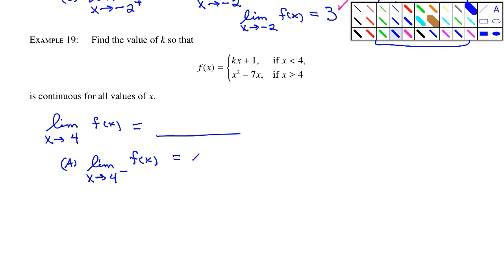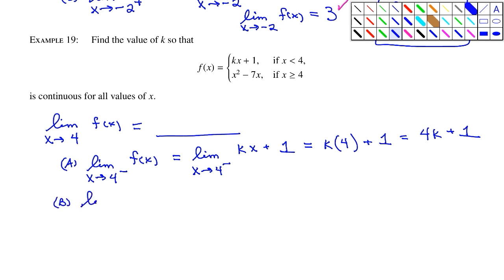That's the limit as x goes to 4 from the left of kx plus 1. Now k is a constant in this case, and x is the variable. So we plug in 4 for the x, and then we get a plus 1 here. So that's 4k plus 1. That's perfectly fine.